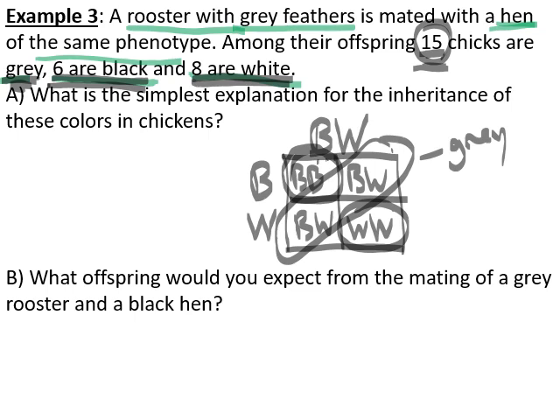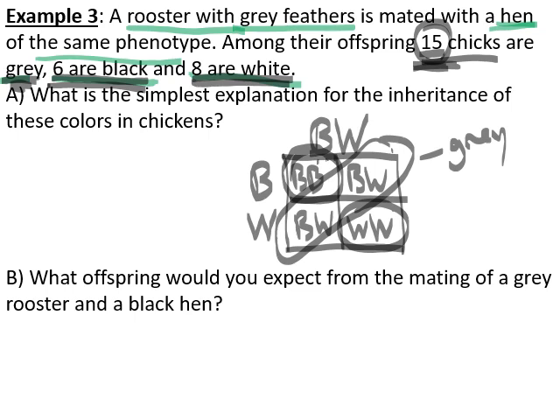So this makes sense. If both of the parents are heterozygous, but the traits blend, then we would see that they're going to end up having gray phenotypes, and that would explain the numbers that we see, so that about half of them are gray, about a quarter of them are black feathered, and about a quarter of them are white feathered in those offspring.